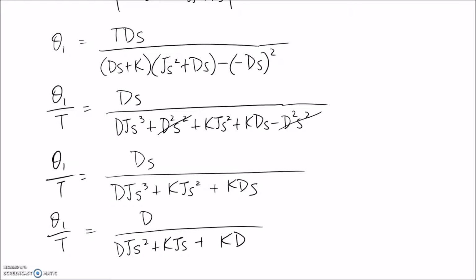Now, if we wanted to, at this point we could substitute in numbers, or alternatively, I'm going to make this look like our characteristic equation first, and then I'll give us some numbers to play with. For a characteristic equation, we need the number in front of our highest power to be a 1. So we're going to need to divide top and bottom lines by dj.